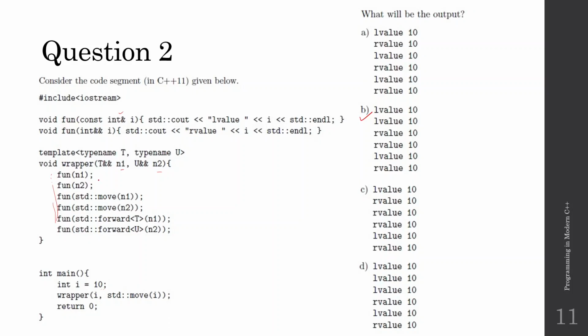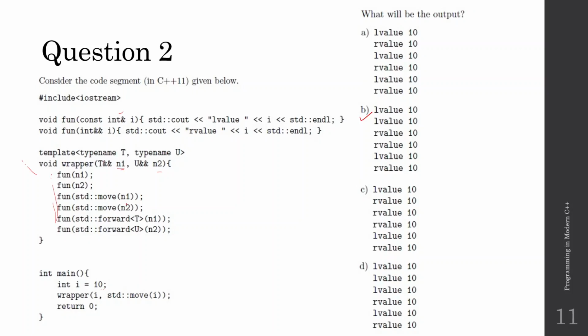In the first case, n1 becomes the L value, so the first function is called. In the second line n2 becomes an L value again, so the first one is called. Then we are calling it with std::move.